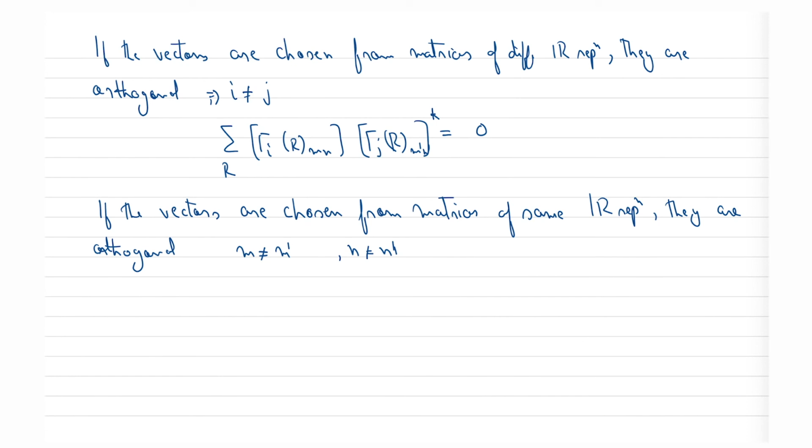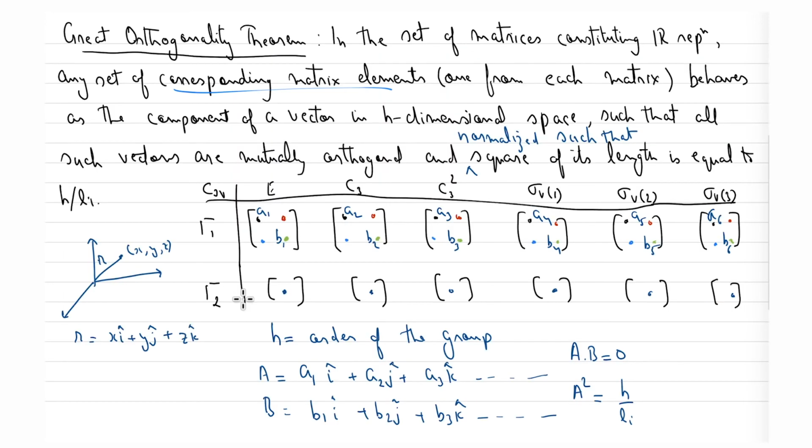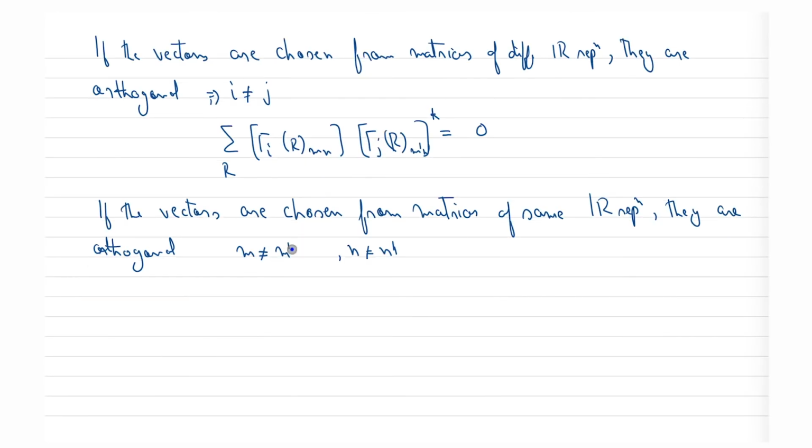That means we are talking about the product of which two matrices? Matrices which are formed by this vector and this vector, for example. So this set of vectors and this set of vectors, or this and this set of vectors. Again, due to delta mm prime and delta nn prime, you will see that the right hand side will be equal to 0 and the left hand side will remain the same.